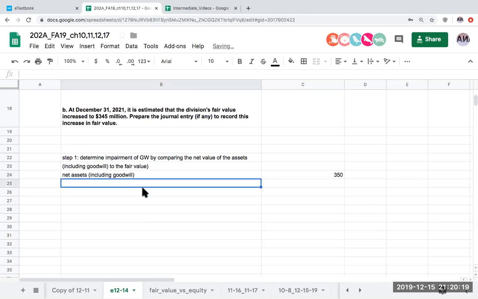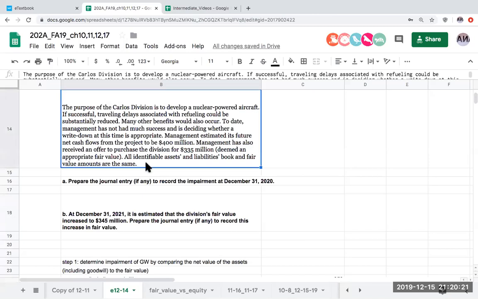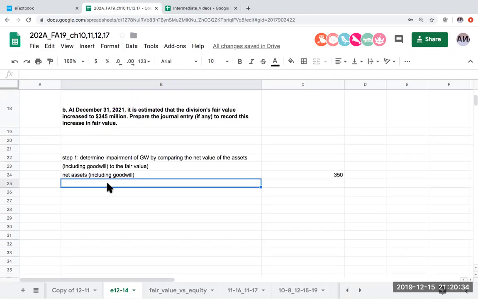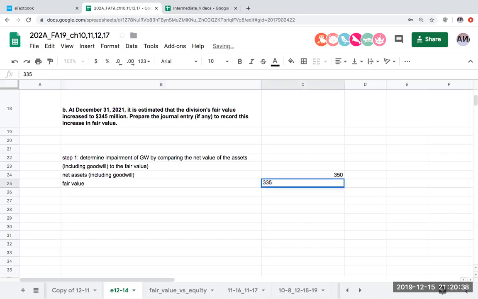But management has also received an offer to purchase the division for 335 million, deemed an appropriate fair value. So I'm going to compare the net assets to the fair value, which is 335.